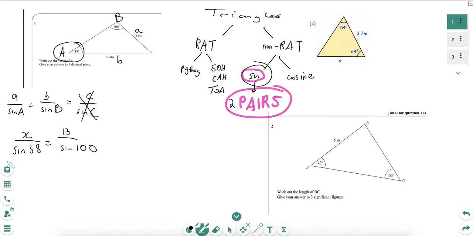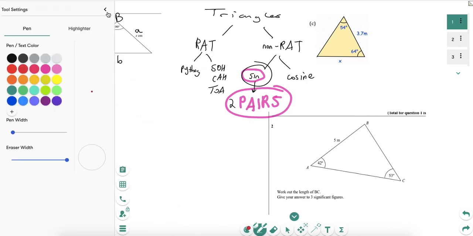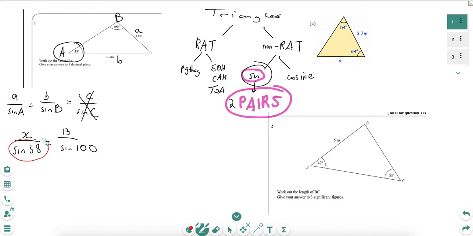Step two is realize the goal of the question. We're trying to find x. So I want to isolate x. Well, if x is being divided by sine 38, to get rid of the divide by sine 38, we're going to times both sides by sine 38. Times this side by sine 38, times this side by sine 38. So on the left-hand side, the divide and times sine 38 cancel out.